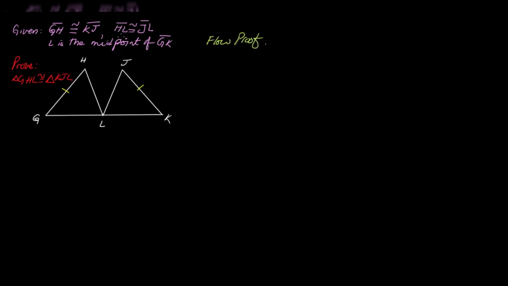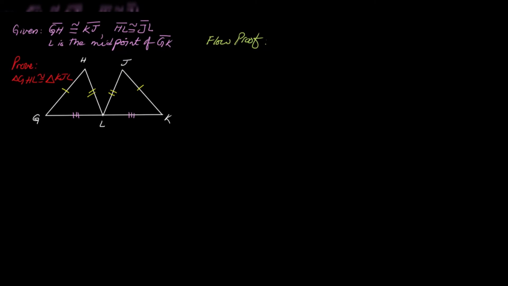And segment HL is congruent to segment JL, like this. And then L is the midpoint of GK. So if L is here, and GK is the big one over here, if L is the midpoint, then we know these are congruent, because that's what midpoints do. The definition of midpoint is to divide the segment into two congruent segments.